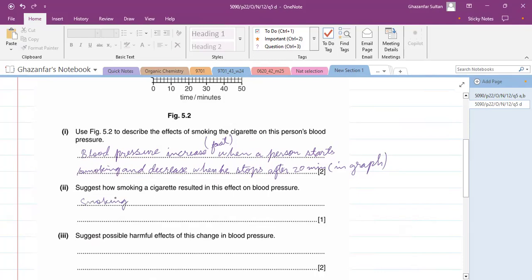Smoking causes constriction of arterioles, even you can write arteries, and so the heart pumps harder.